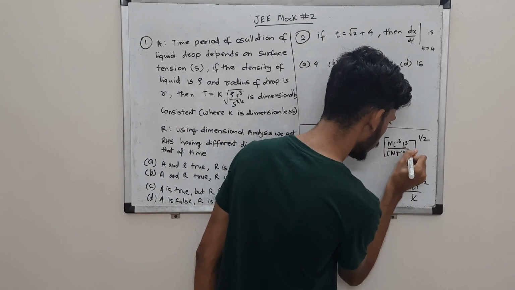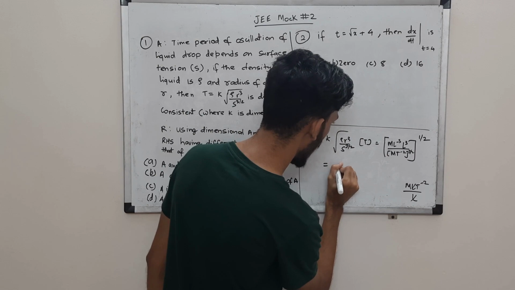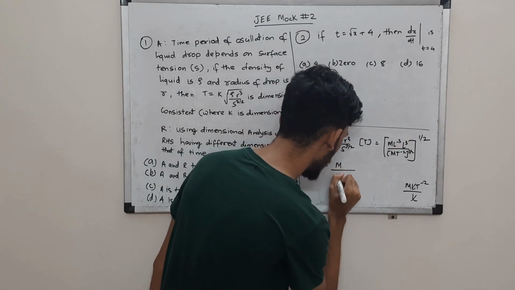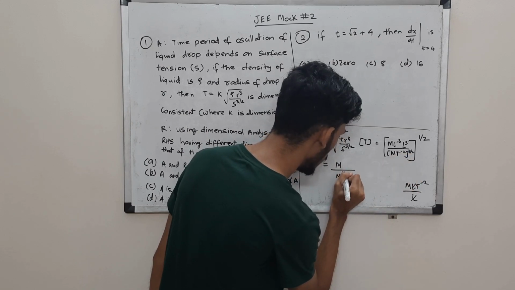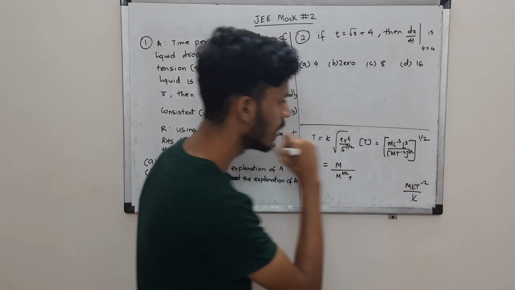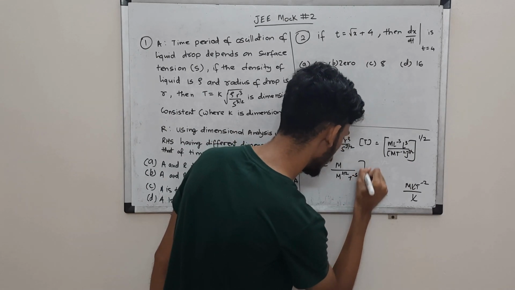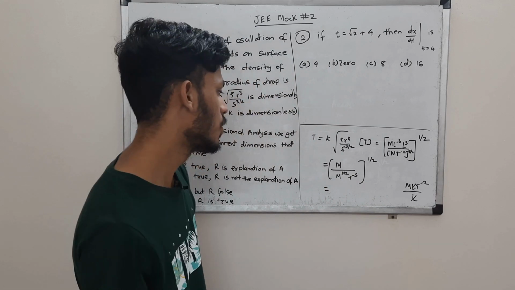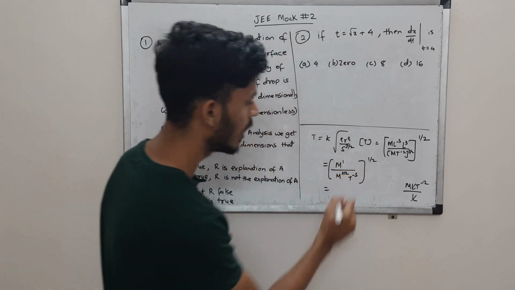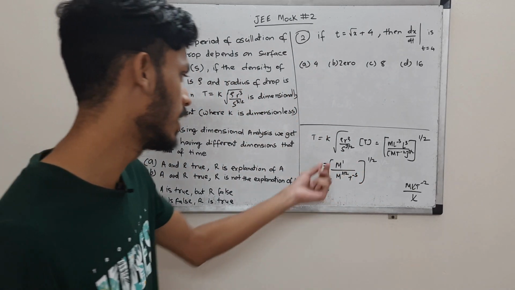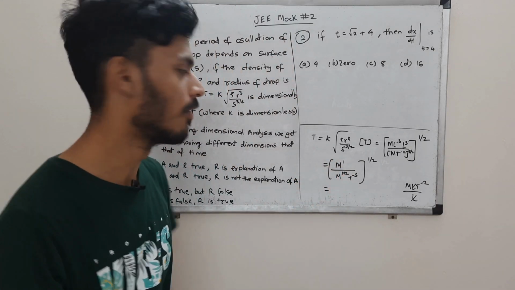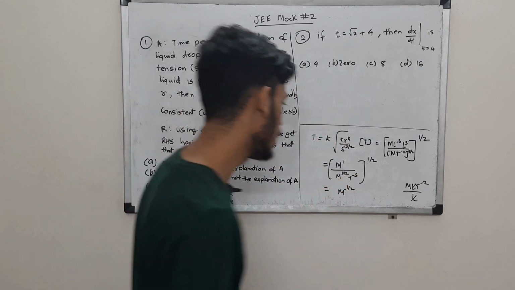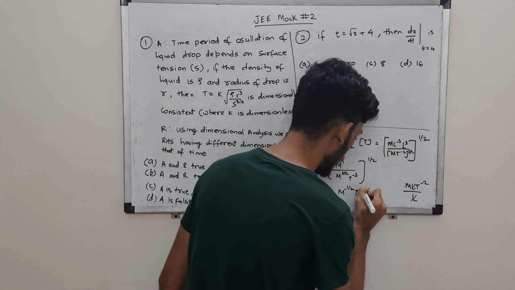Okay, so let's solve this now. So we have M and this will get cancelled, and in the denominator we have M to the power 3 by 2 and T to the power 2, and 2 will get cancelled and we'll have minus 3. And this whole is to the power half, square root, right? So this is M to the power 1 minus 3 by 2, that is minus half. This is 1 and this is 1.5, so it is minus half, and we have T to the power 3 in the numerator.